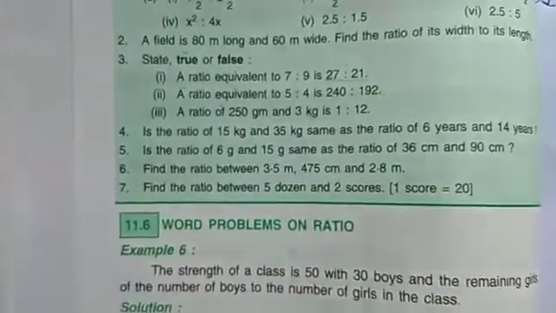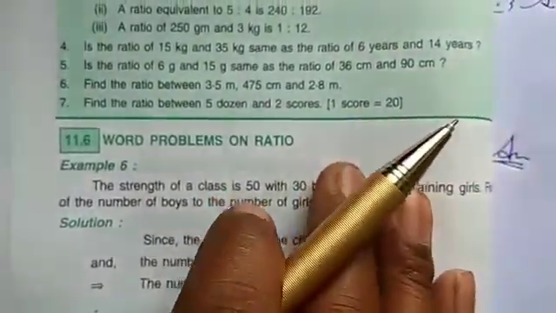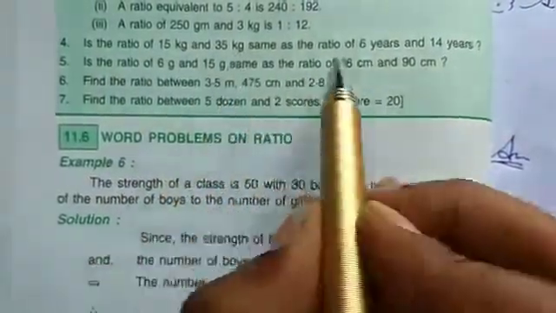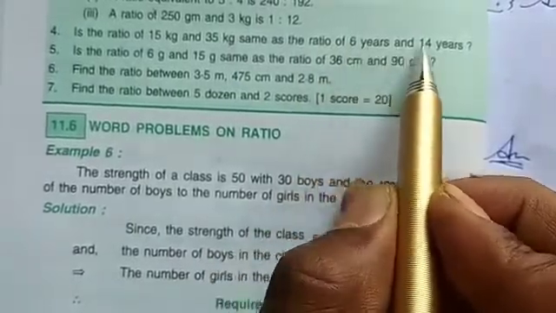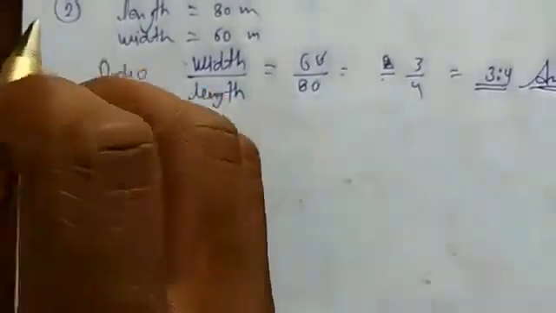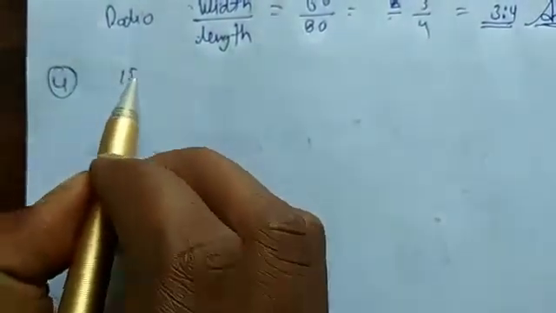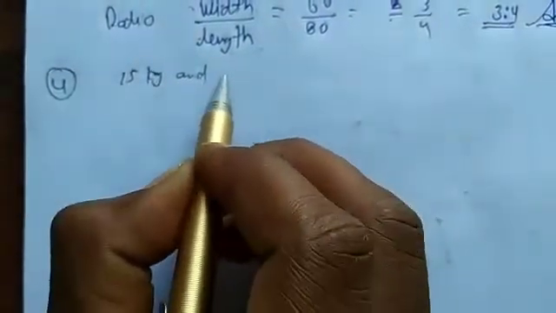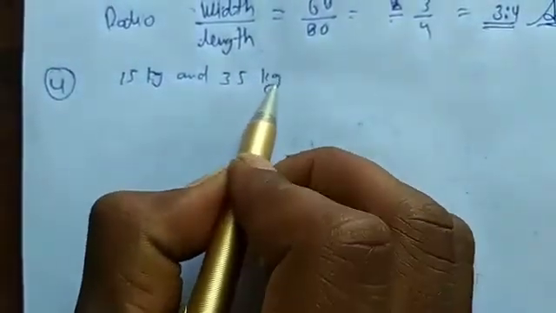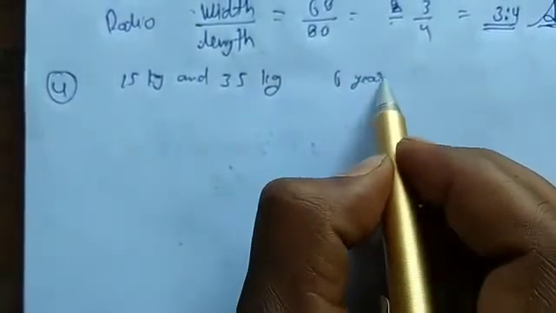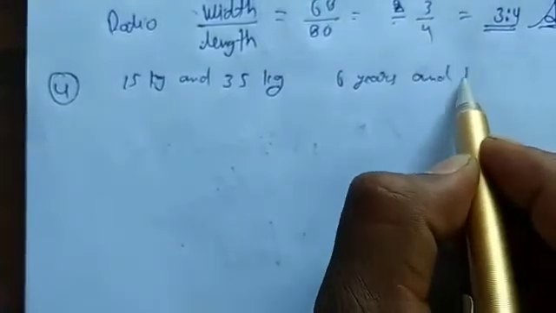Now question number 4: the ratio of 15 kilogram and 35 kilogram is the same as the ratio of 6 years and 14 years.